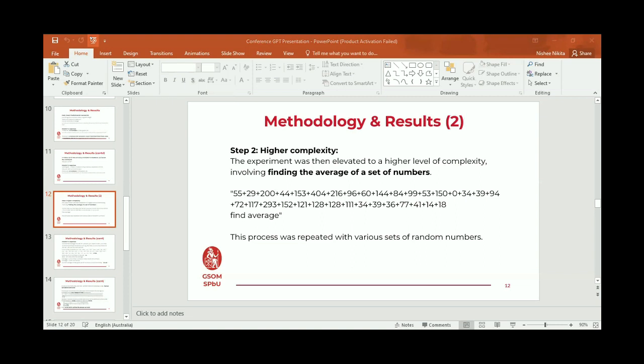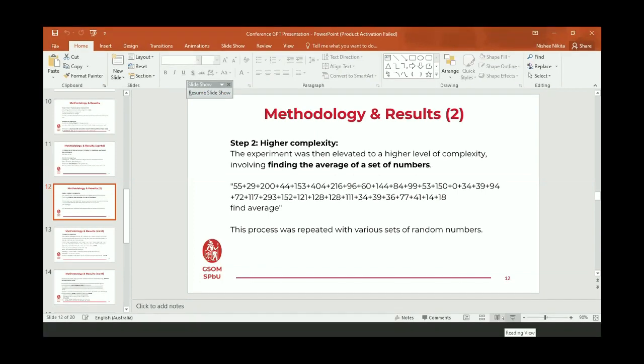Can we see now? Yes, we can see. Maybe you could just put it on slide mode. Click on the key at the bottom right, not the one next to it, the one to the left.